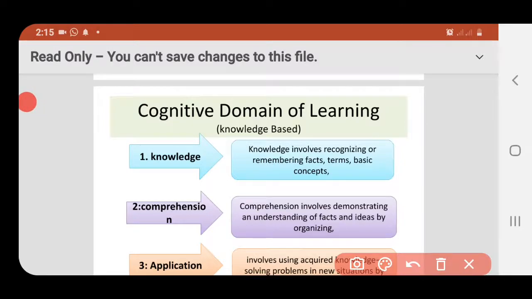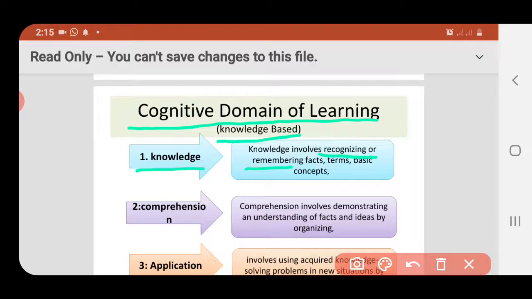Now we see the levels of this cognitive domain, which is related to our mental ability. We say that the cognitive domain is knowledge based: how a child first learns or acquires knowledge. Knowledge involves recognizing and remembering facts, terms, and basic concepts.